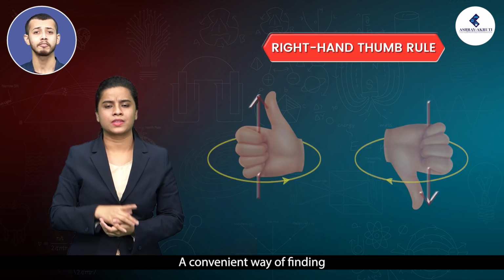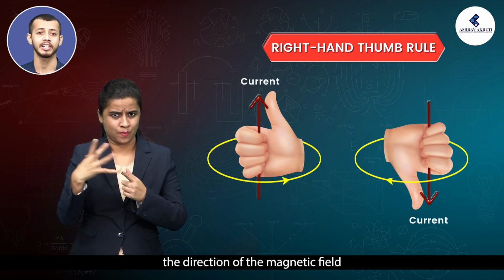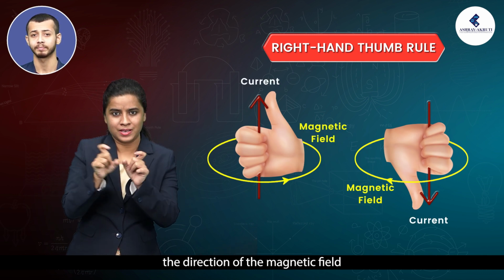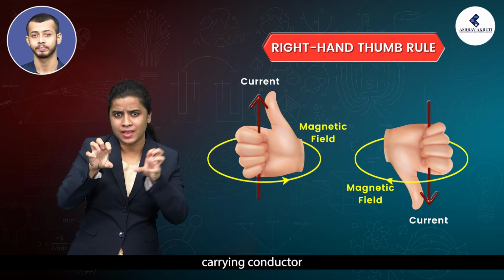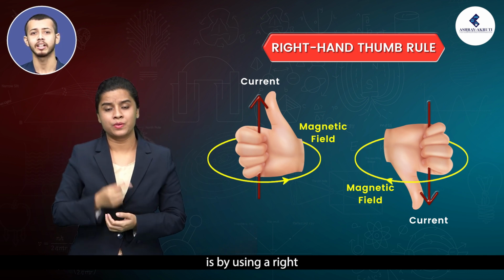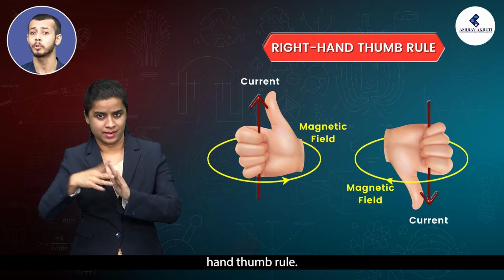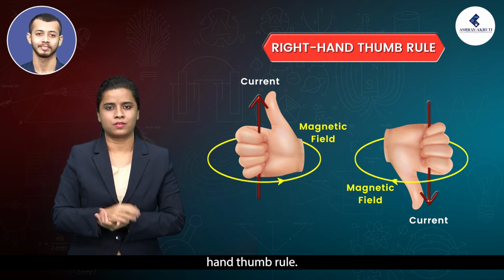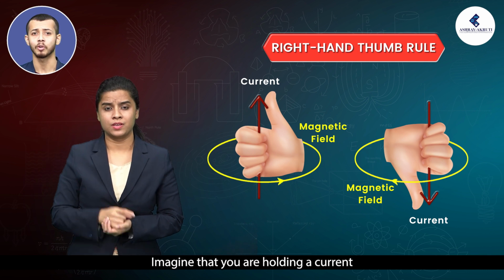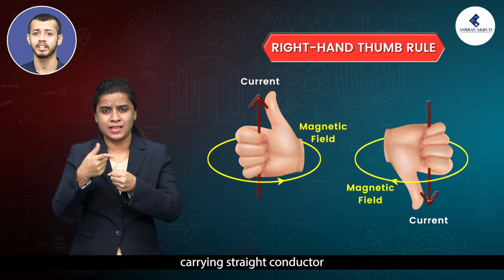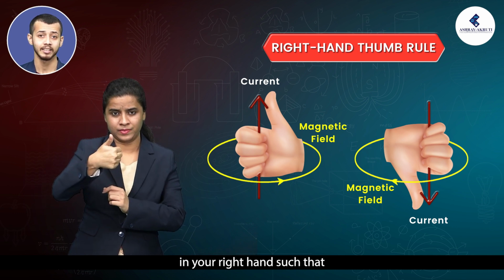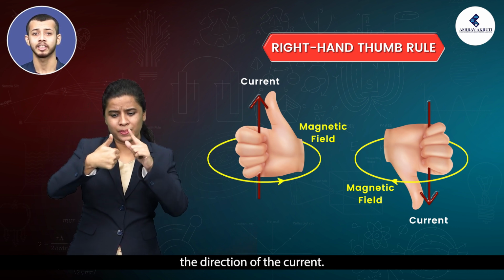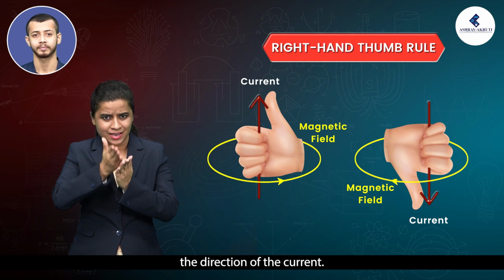A convenient way of finding the direction of the magnetic field associated with a current carrying conductor is by using a right hand thumb rule. Imagine that you are holding a current carrying straight conductor in your right hand such that the thumb points in the direction of the current.